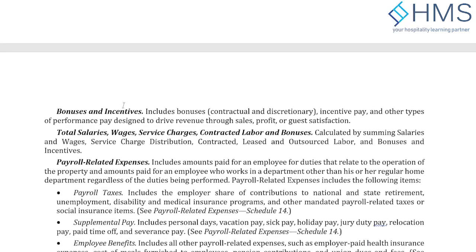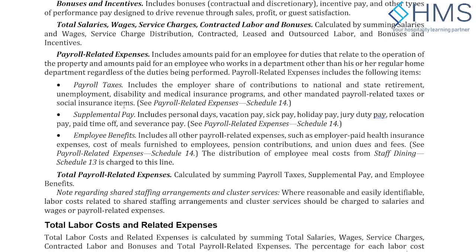Then we have the payroll related expenses, where we are considering the payroll tax, the employee share of contribution to the state insurance, and the social security scheme. Supplementary pay will include your vacation, personal days, holidays, relocation pay, part time or overtime, and severance pay. So that will be going into the supplementary pay.